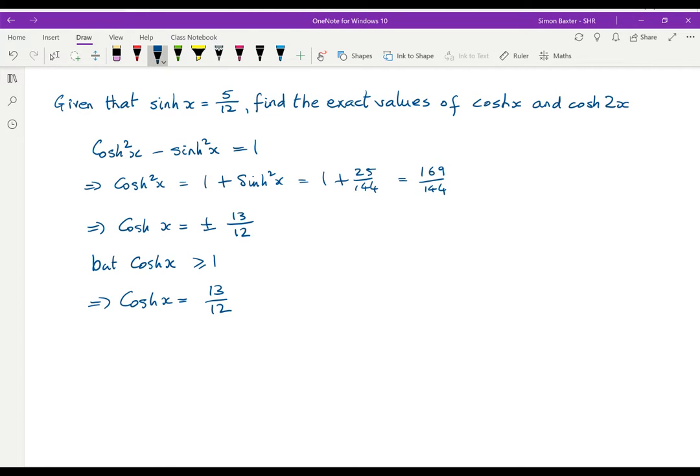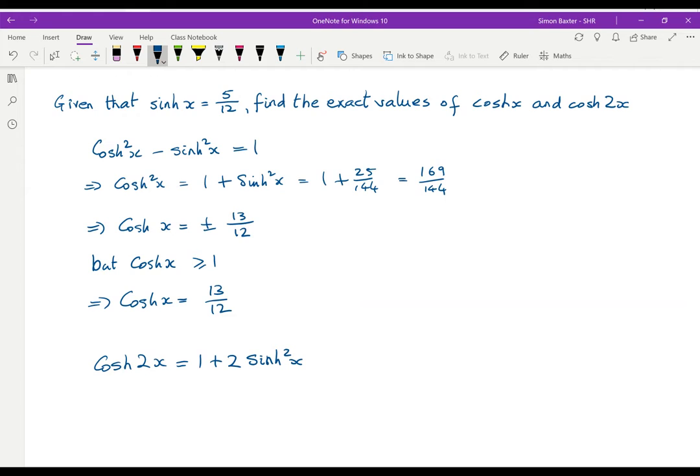Okay, that's one part of the question done. Let's look at the second part, cos 2x. I can use trig formulae, or the equivalent in hyperbolic functions. I remember that cos 2x is 1 plus 2 sine squared. Why?